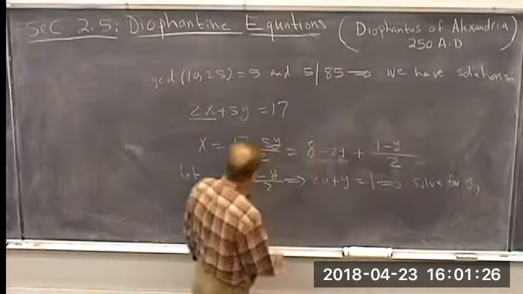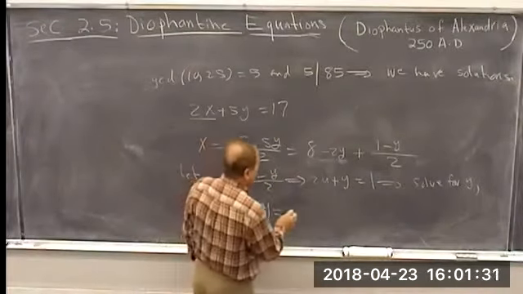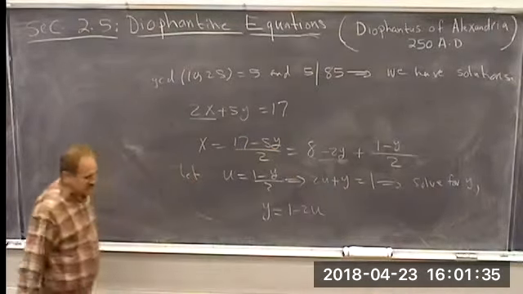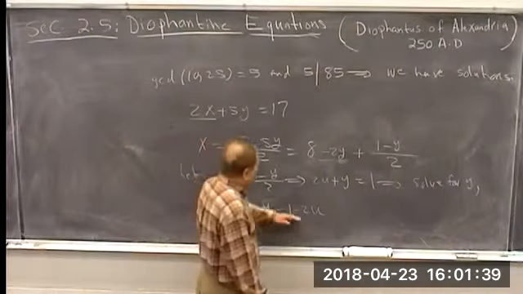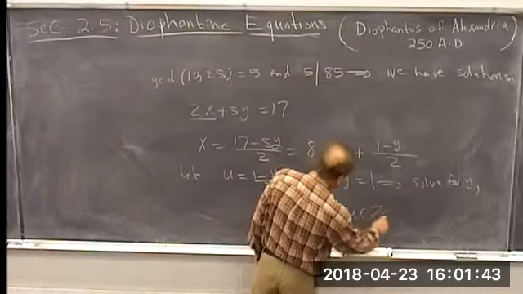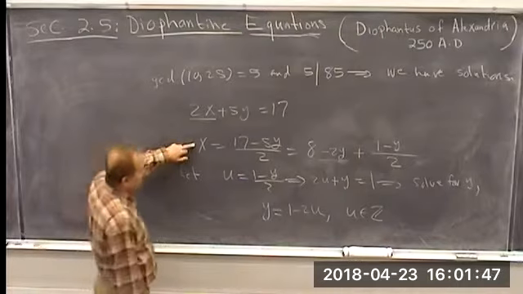And we get y, and we are lucky because we don't need to work anymore in here. This one is 1 minus 2u, so we don't have any fractions anymore. It looks like a fraction. All right? So we have the y and the u, and u is any integer. And now the x. Go back to the x in here.